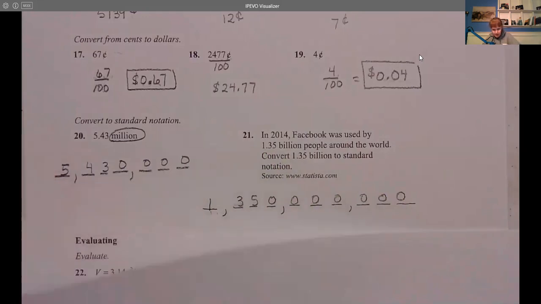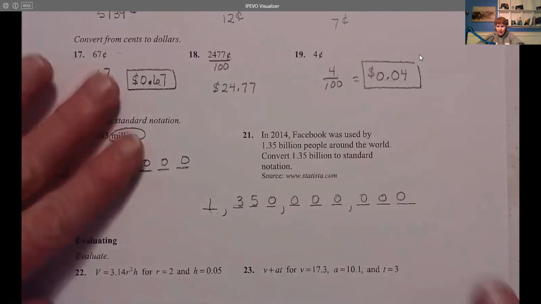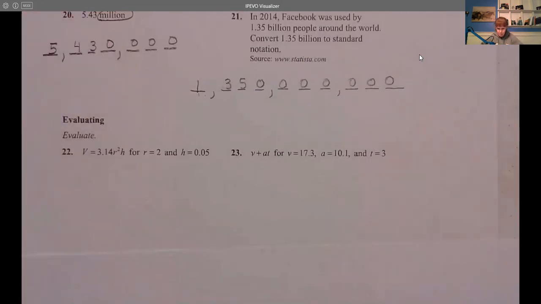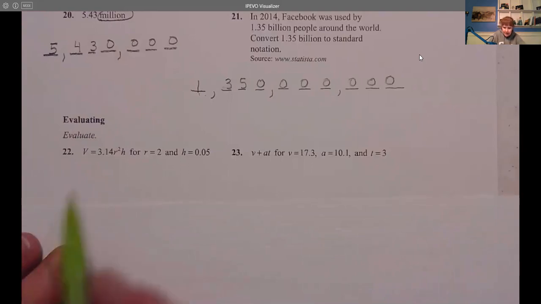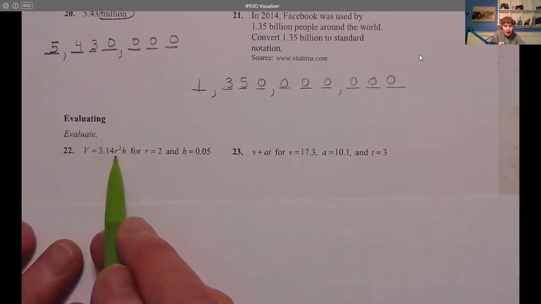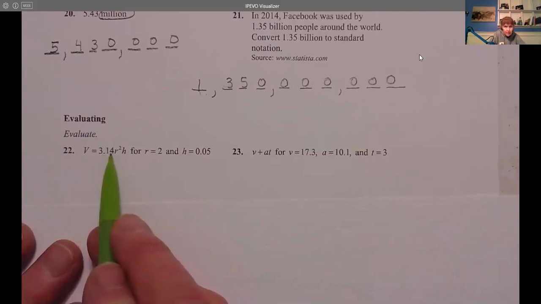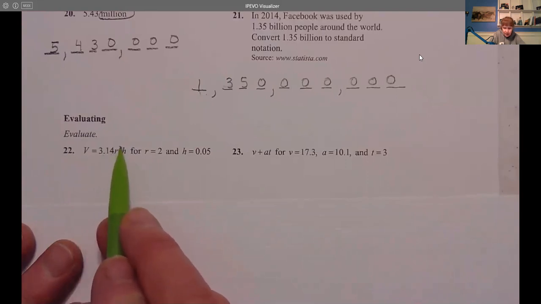Okay. All right. Now, last thing we're going to look at is some evaluating. Okay, what I have here is the volume of a cylinder. This is the base area, pi r squared. There's our 3.14 as pi. r squared is the base, a circle in a cylinder, times the height.